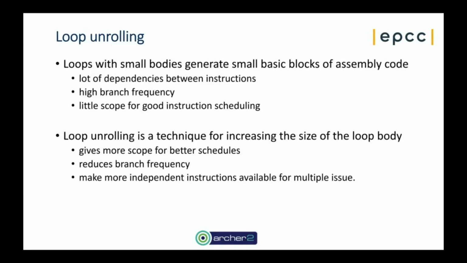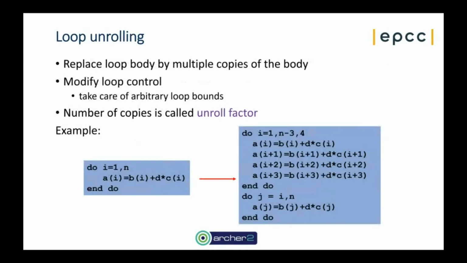If we can't get the compiler to agree that it will auto-unroll, then we can go in and do it by hand. We can do it ourselves, and this is where we unroll the loop manually. So we turn this loop on the left-hand side into this loop on the right-hand side. We unrolled it by a factor of 4.